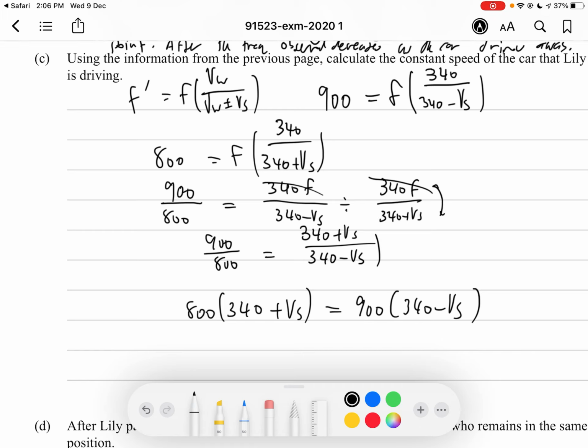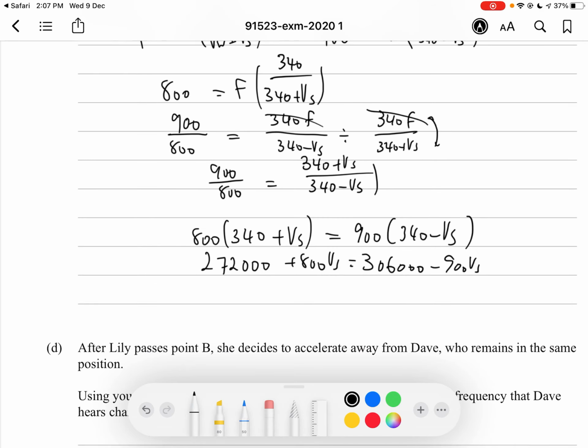So 800 times 340 plus 800 Vs equals 900 times 340, which equals 306,000 minus 900 Vs. If we pull everything to one side, we should see that 1,700 Vs equals 34,000, and therefore Vs equals 20 meters per second.